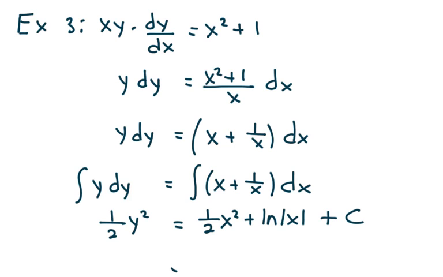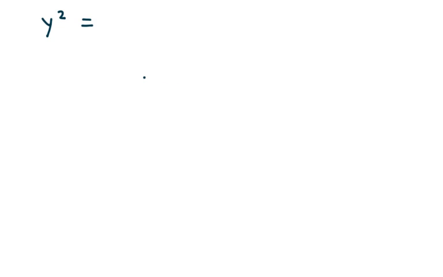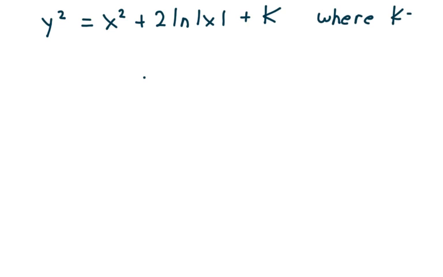Now, what I want to do is multiply through by 2. So y squared is x squared plus 2 times the natural log of the absolute value of x plus k, where k equals 2c.